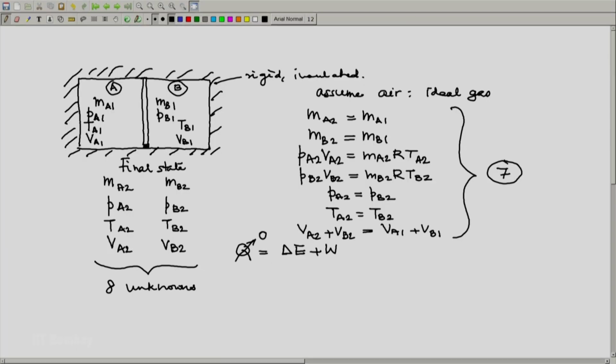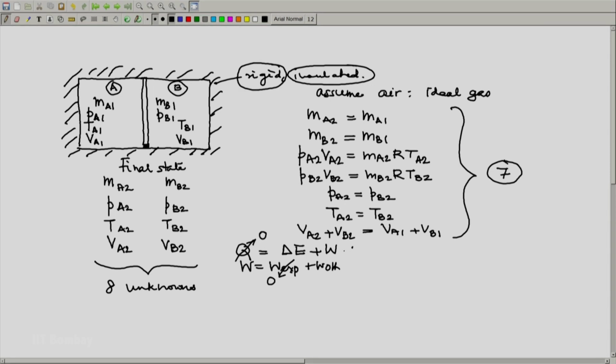That means it is an adiabatic system, and that is why Q will be 0. Why? Because it is an insulated system. Now, what about W? W will be expansion work plus other work, because the system is rigid, expansion work is 0 because the system is rigid.